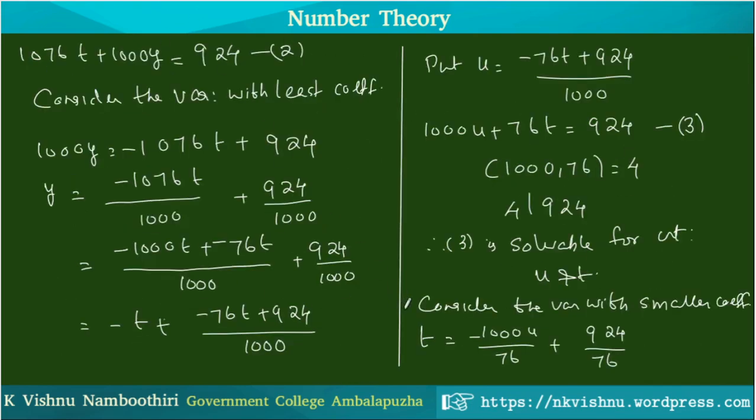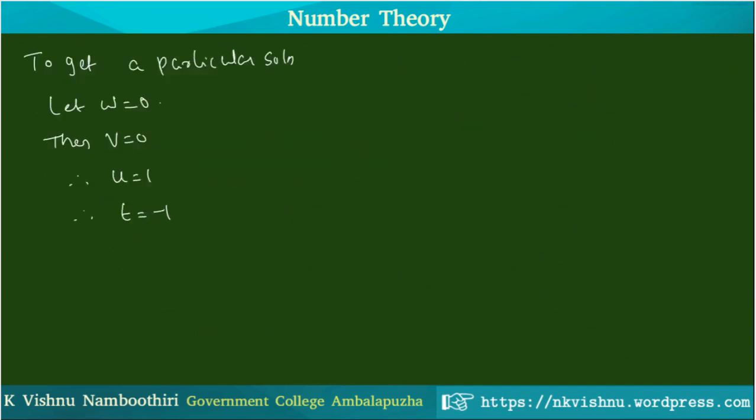If t is equal to minus 1, what is the variable before that? U. T is minus 1, therefore this is minus 76 into minus 1, that is 76 plus 924, that is equal to 1000 by 1000, that is 1, therefore u is 1.